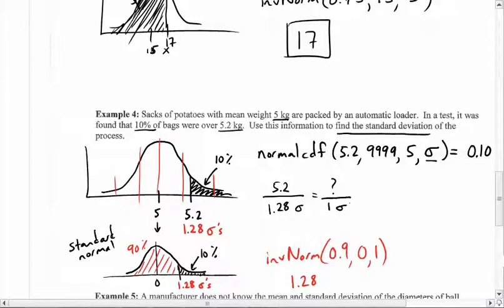And really, this isn't 5.2, but it's 0.2 away from the mean. Because here I'm going 1.28 away from the middle, here I'm going 0.2 away from the middle. So really I should be saying from 5.2 to 5. If that distance is the same as 1.28 sigmas, then how much is 1 sigma?